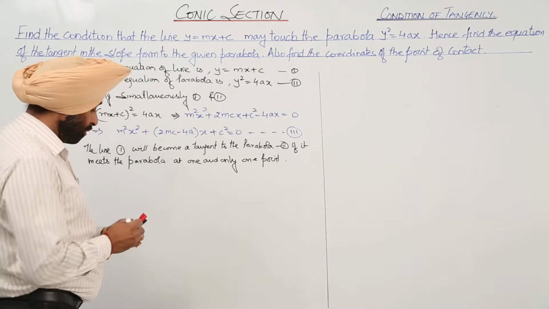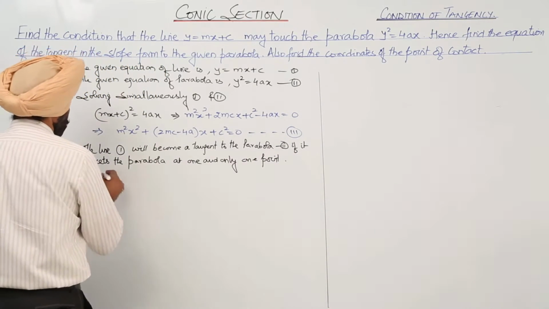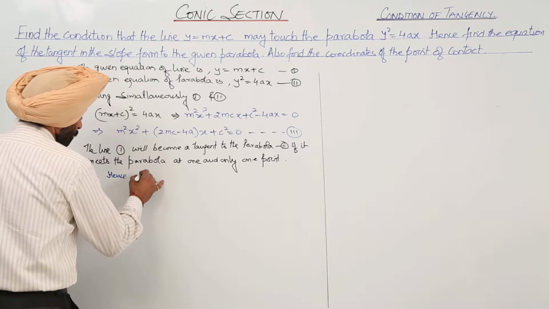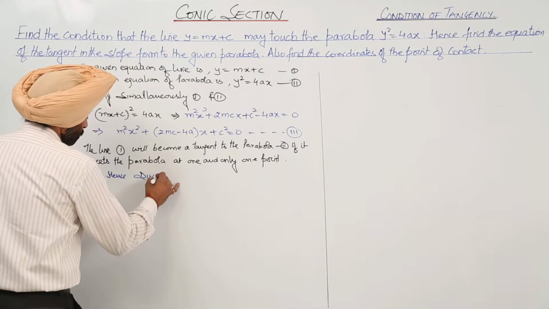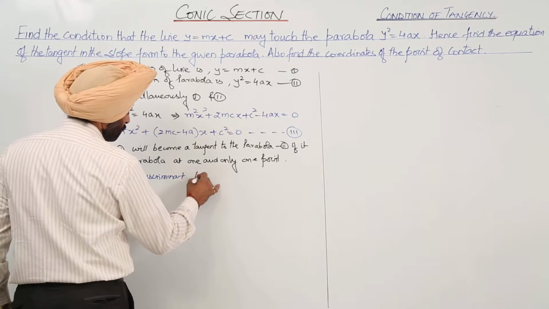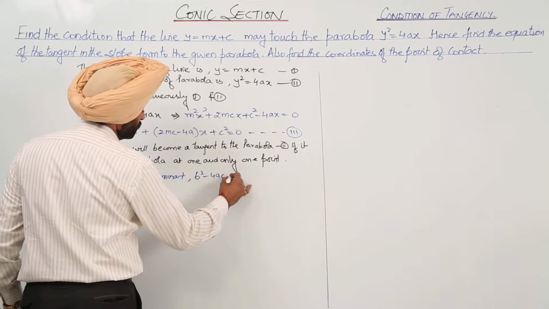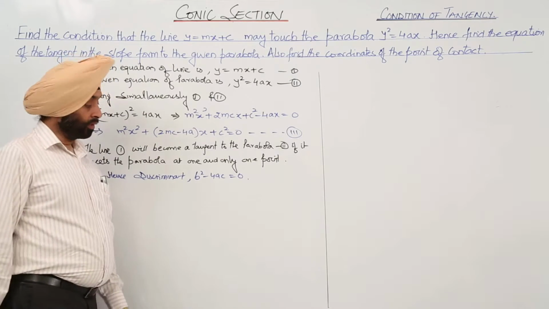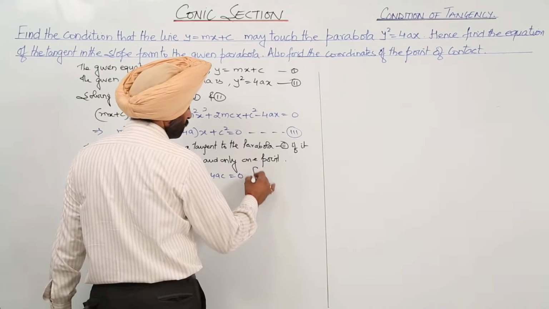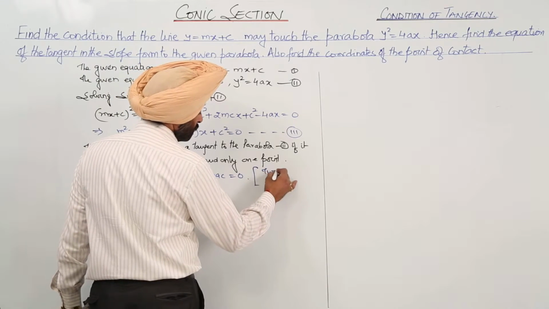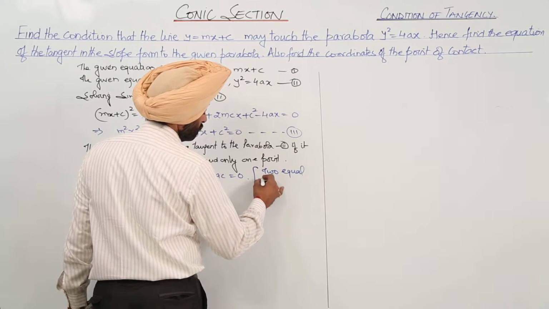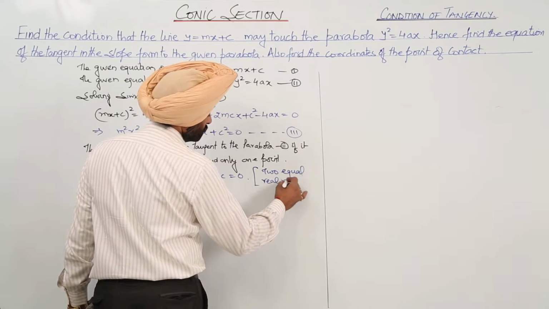And what will the condition be? Hence the discriminant b square minus 4ac should be equal to 0, because when b square minus 4ac is 0, then we are having two equal real roots.